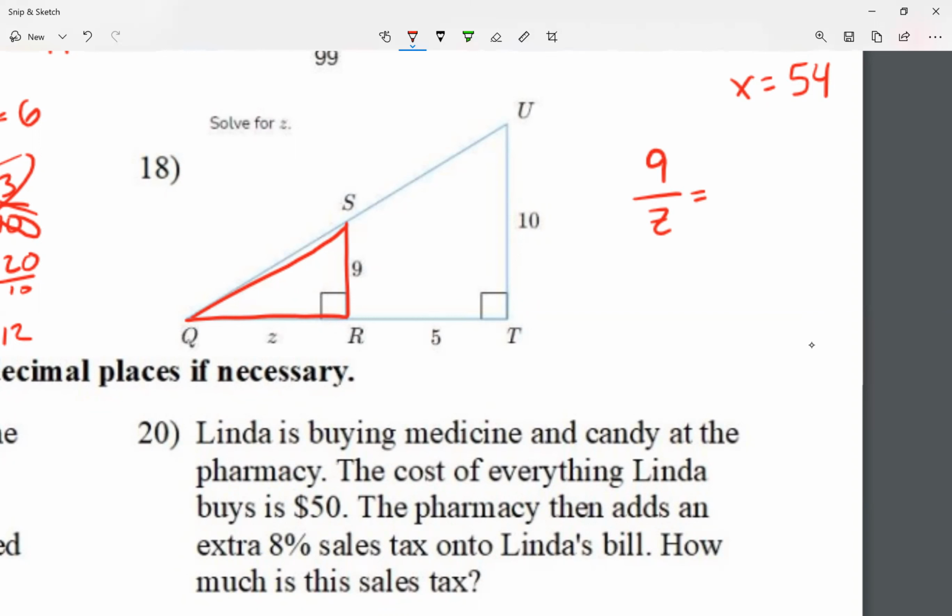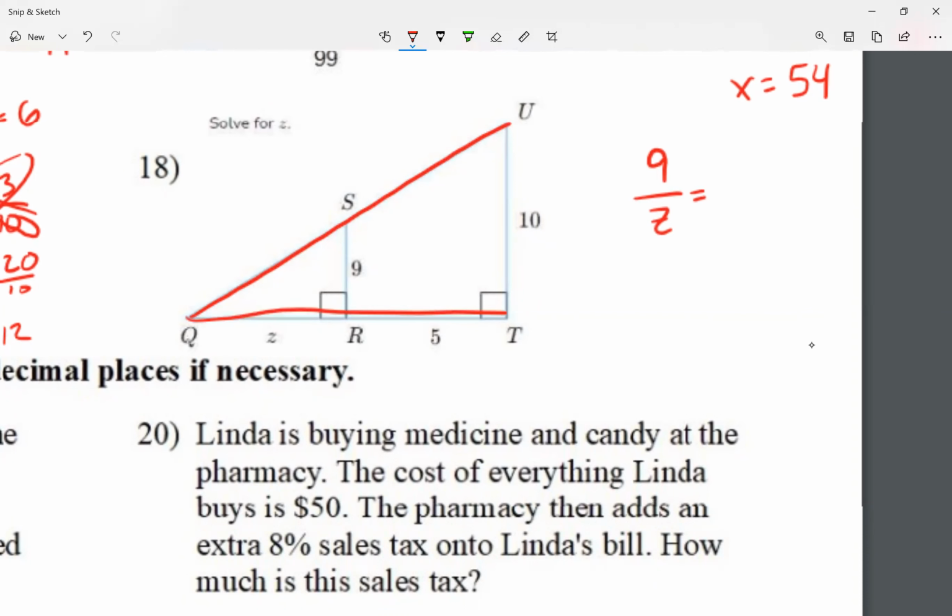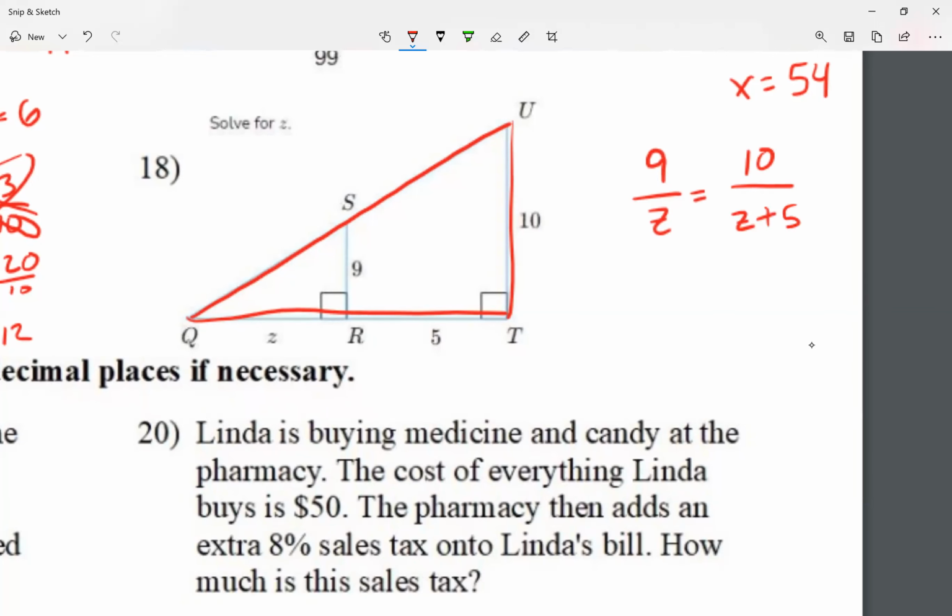And then the Z is the information that is at the bottom. Okay. Now I see another triangle here. And I'm going to say the height is 10. So 9 is going to go with 10. And then at the bottom, I have Z plus 5. Notice at the bottom, I have Z and 5 combined. So isn't that plus? So Z plus 5.